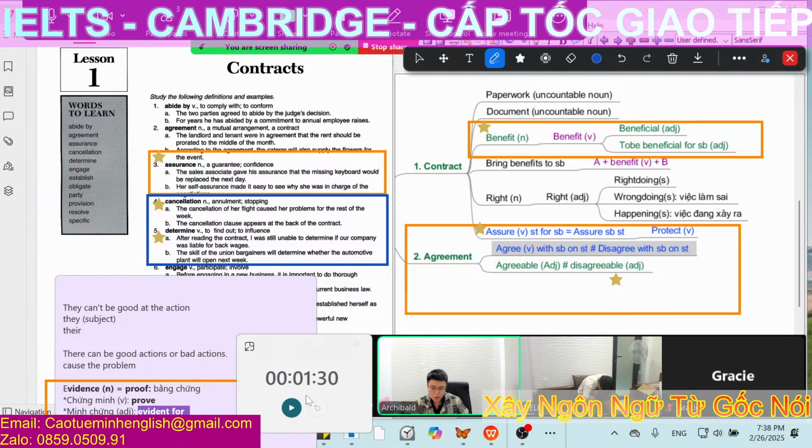We know that in the contract we should include 2 parties, but in some business there are more than 3 parties in the contract. So if the contract includes over 3 parties, over 3 sides, it is extremely hard for people to determine the benefits for each side. So somehow, we can say that benefits are disagreeable.